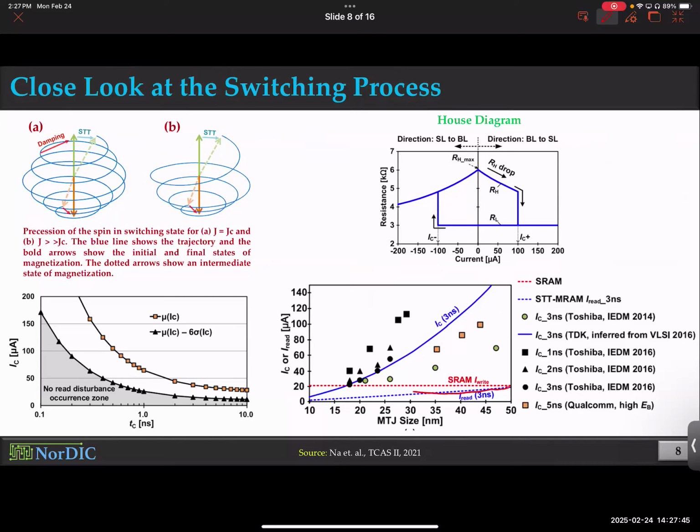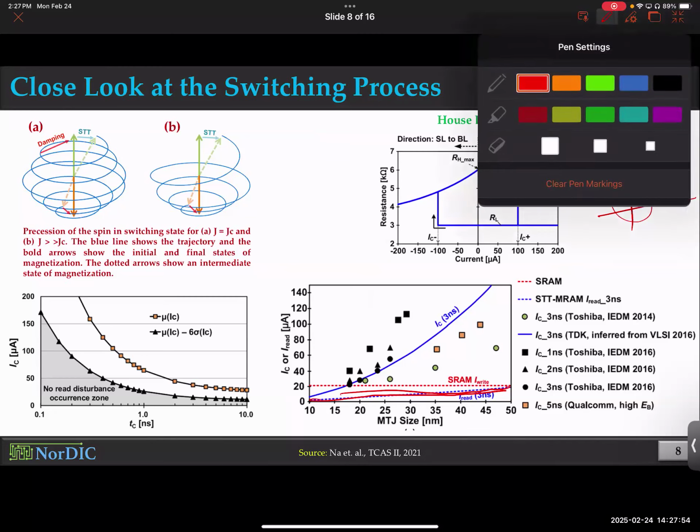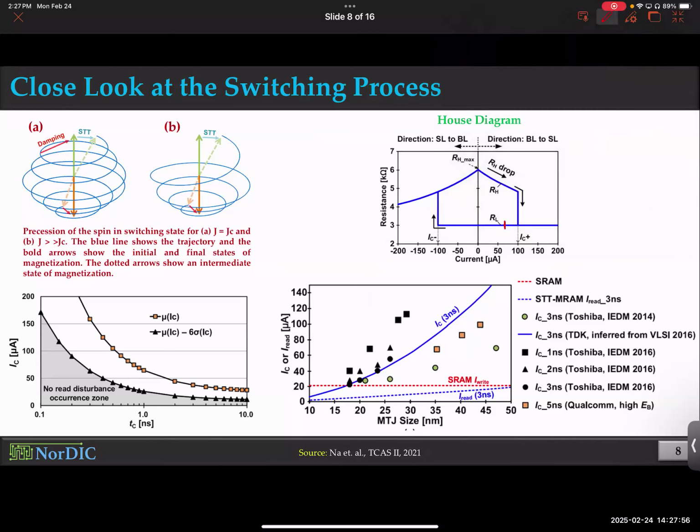Getting back to the point. When we drew this read current line, why was it linear? When you apply a specific current, like keeping the read current constant, you get a constant resistance.